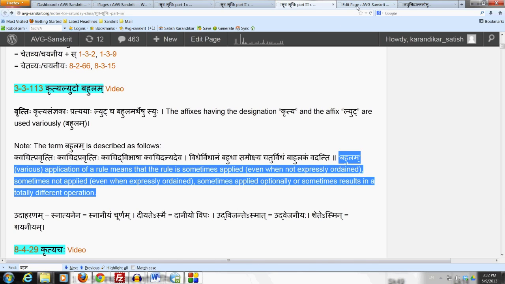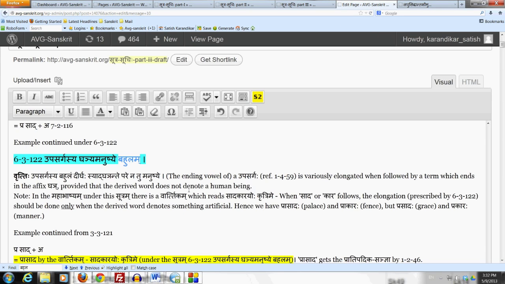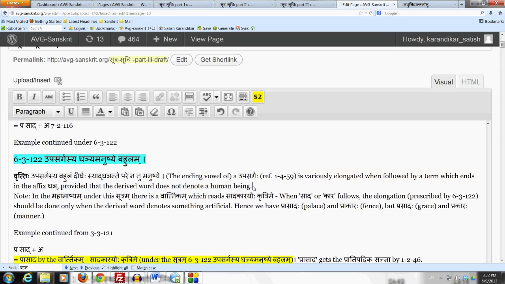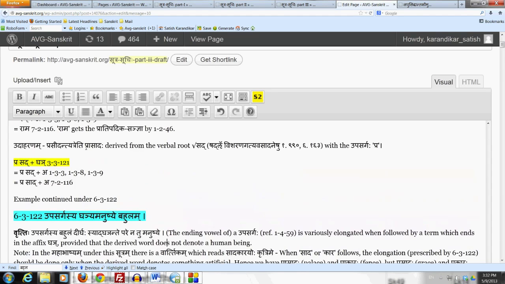So a long vowel is substituted in place of the corresponding short vowel when followed by a term which ends in the affix ghai, provided the derived word does not denote a human being, a manushya. Right now we're deriving a word in the sense of a palace, so it's not going to denote a human being, so that condition is satisfied here.